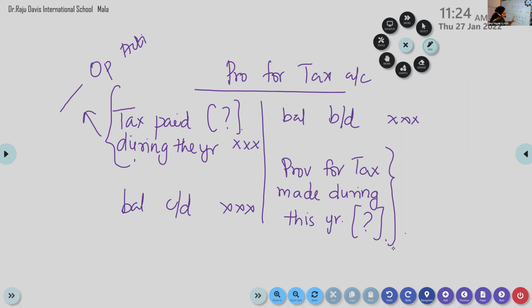After preparing the account, you get the figure, and this figure we will add back in the working note for the calculation of profit before tax and extraordinary items. Okay.